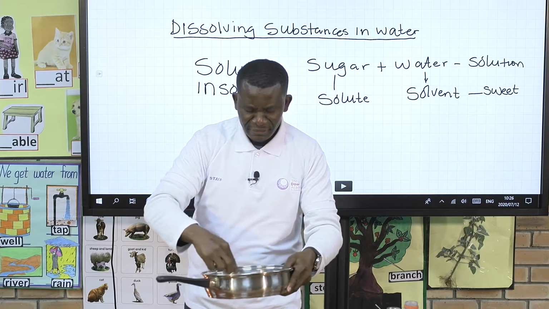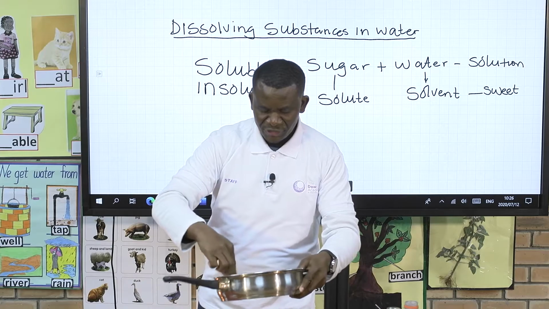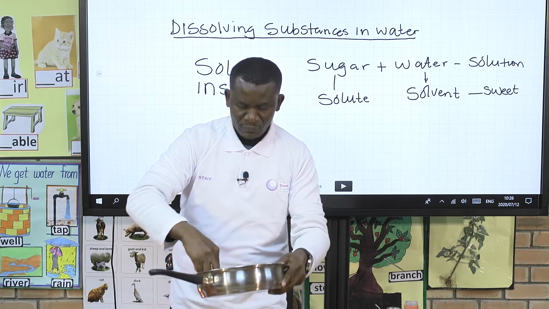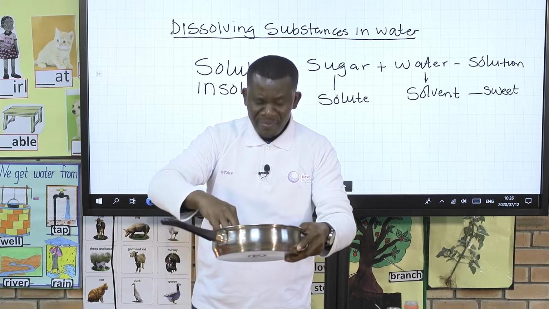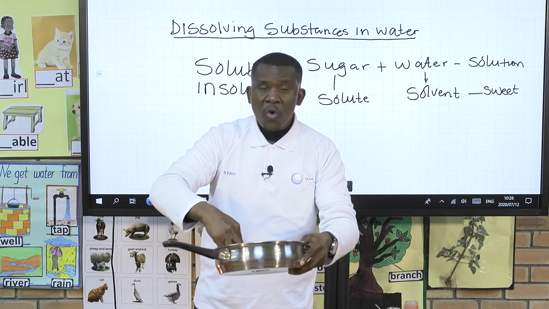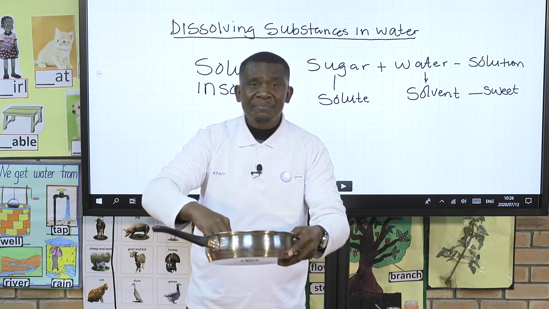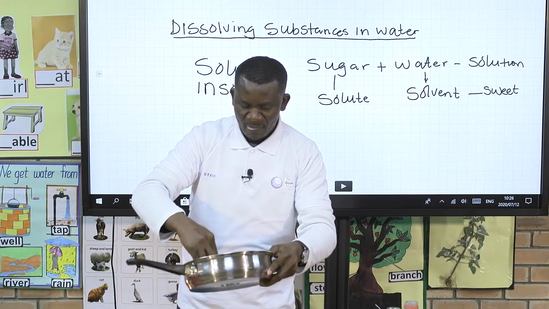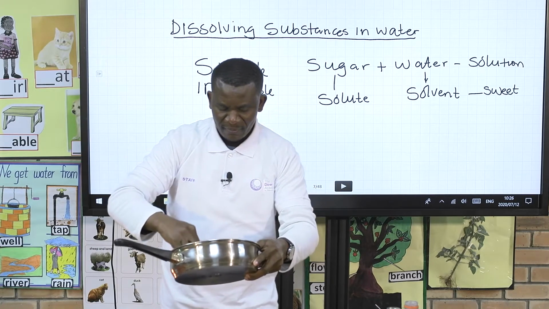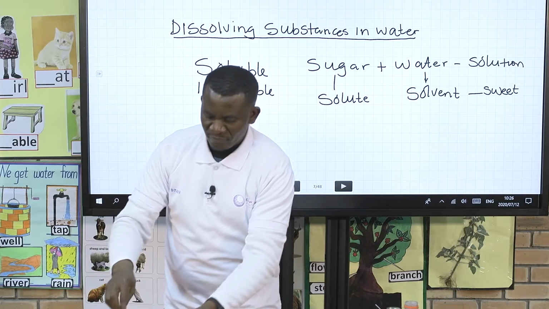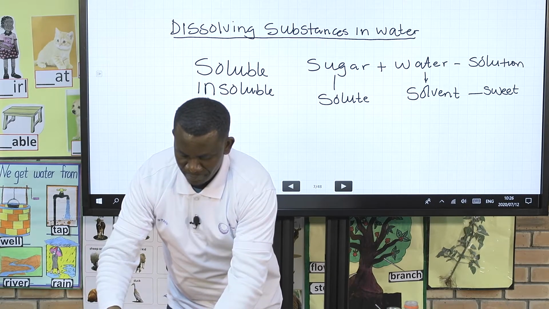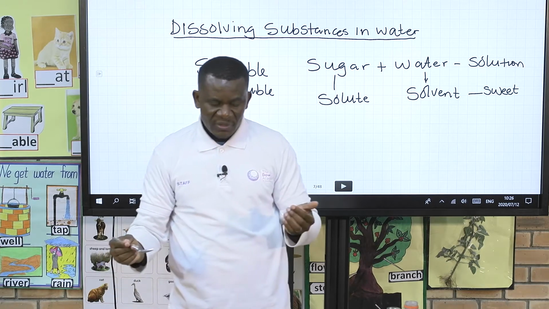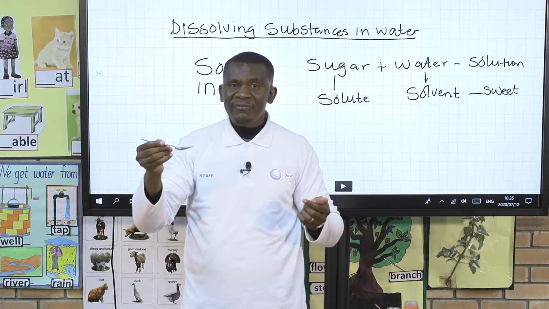I'm crushing the sugar so that I make it fine, or I reduce the particles so that the particles are very, very small. These particles have become very, very small.